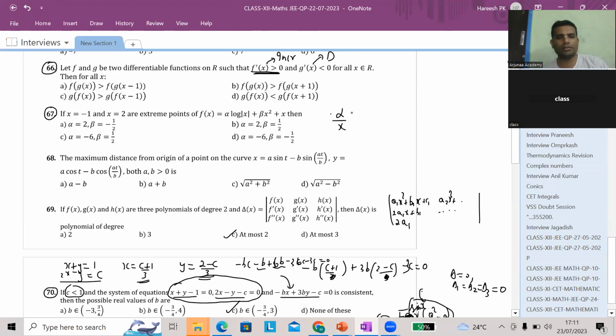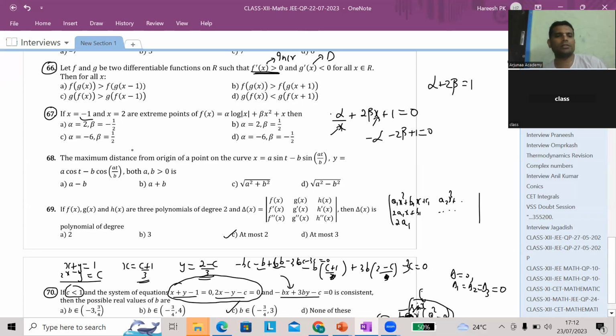So alpha by x plus 2 beta x plus 1 is becoming 0 at 2 points, when x is minus 1. So put x as minus 1. So you'll get minus alpha minus 2 beta plus 1 equal to 0, or alpha plus 2 beta is 1.